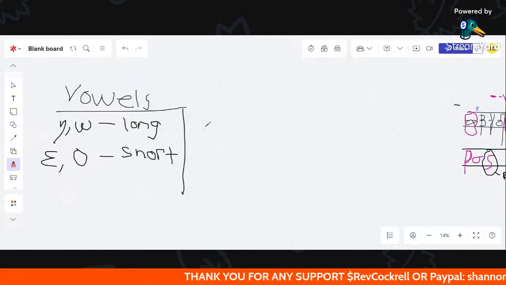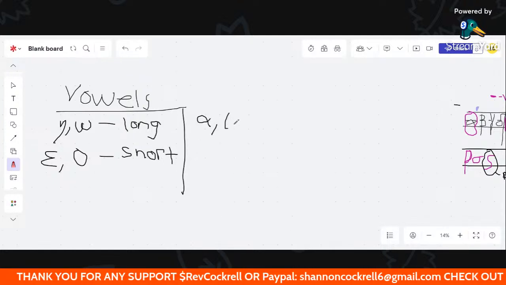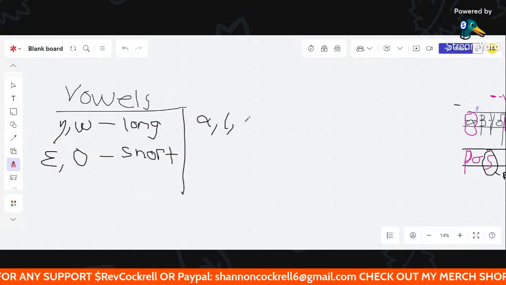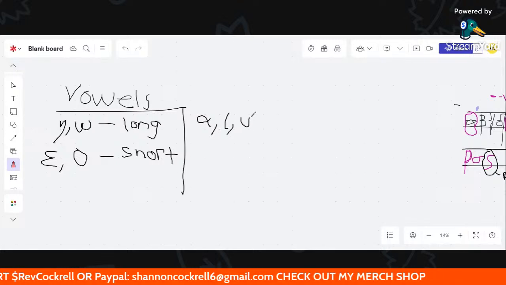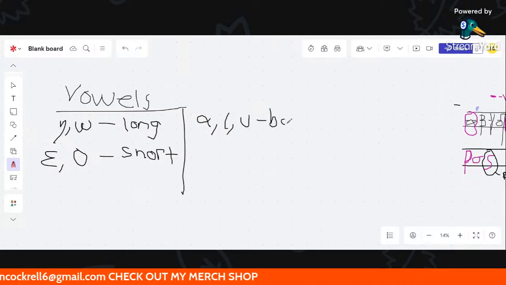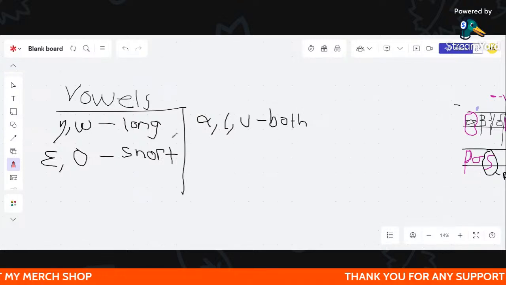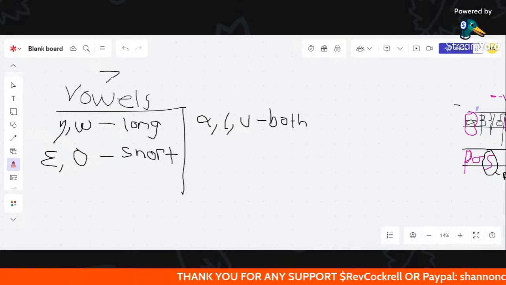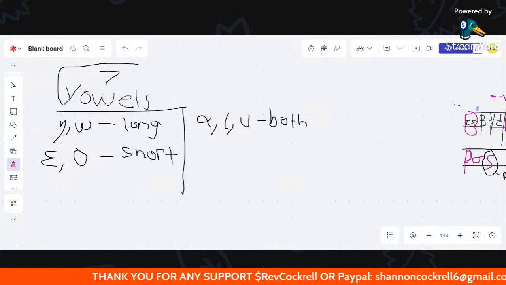Then you have alpha, iota, and upsilon. They can be sometimes long, sometimes short. So 7 vowels.